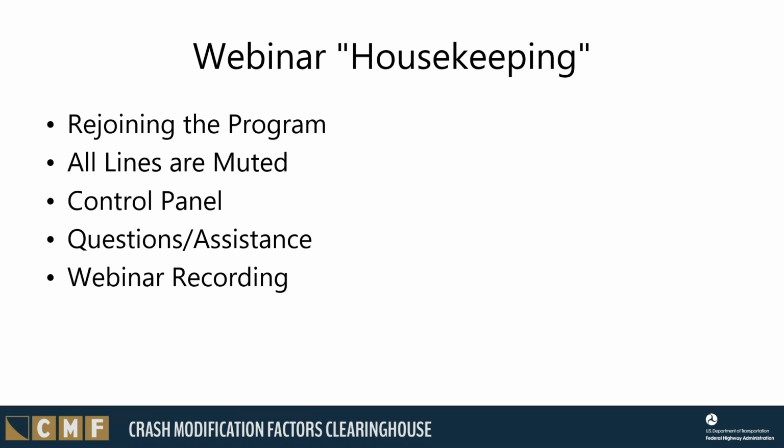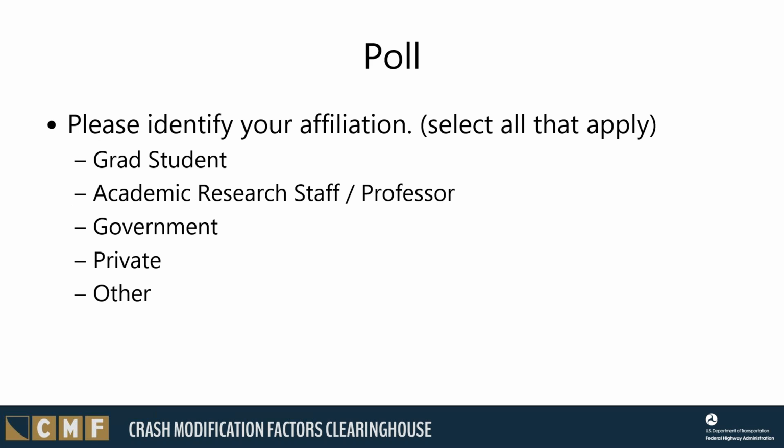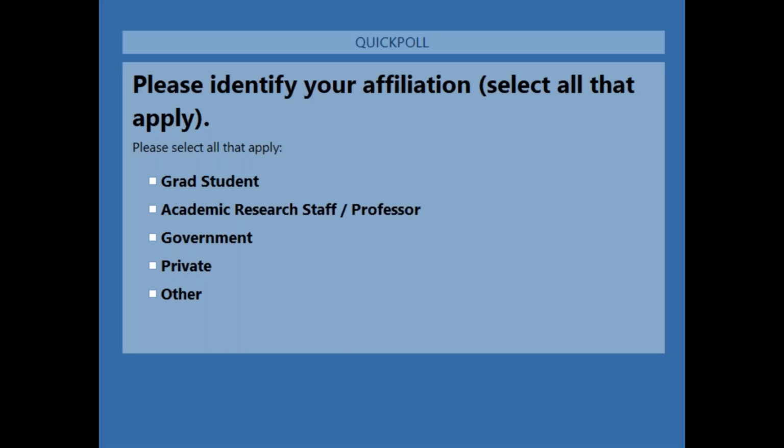We also have questions that we'll be asking you throughout today's webinar using the polling software in this program. The first question is just to help us get to know you a little bit better. Kelly, bring up that poll. Please let us know what your affiliation is: a graduate student, academic research staff or professor, state or federal government, private sector, or other. We'll give you a few more seconds to respond.